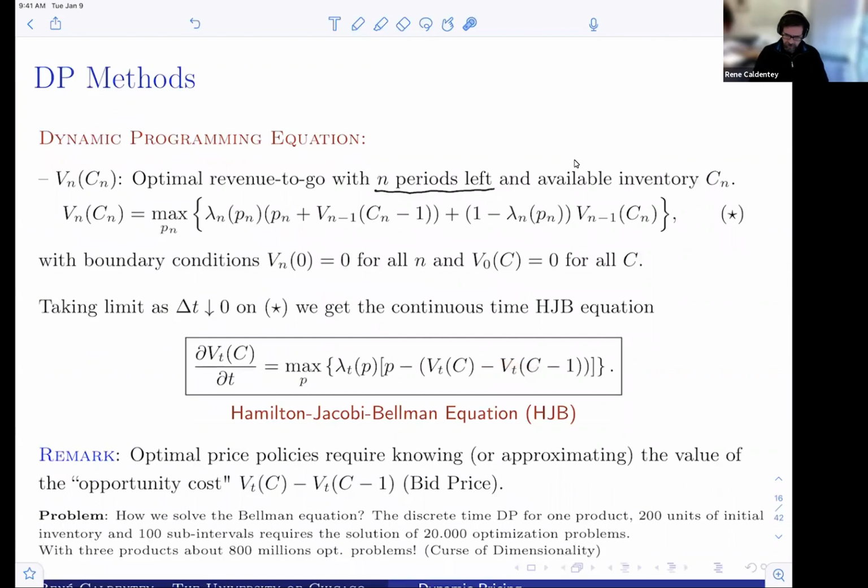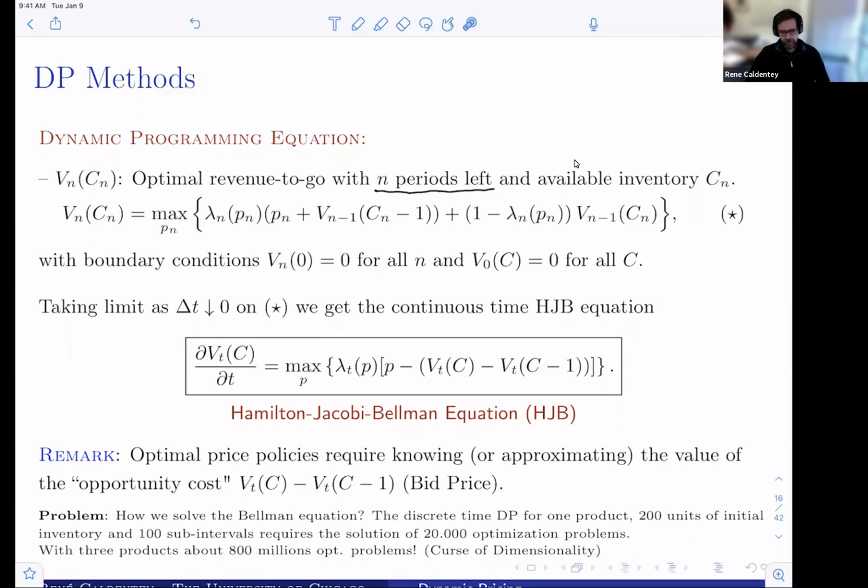The other thing that I want to say in this slide is that there's a certain curse of dimensionality with dynamic programming. So if you have, say, in this example I give you here, 1 product and 200 units and say 100 sub-intervals, you will need to solve 20,000 optimization problems like this in order to solve the discrete version of this. And that's not too bad.